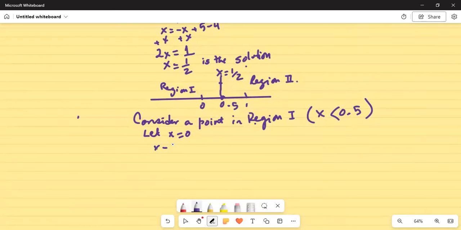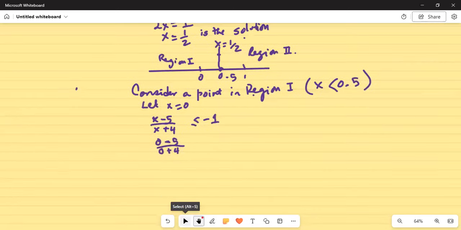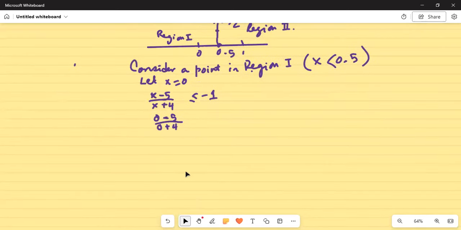So my inequality is (x - 5)/(x + 4) less than or equal to minus 1. And I have selected x equal to 0. So 0 minus 5 divided by 0 plus 4 on the left-hand side. So this is minus 5 divided by 4.